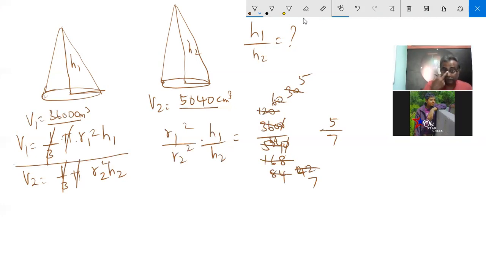So what we have got now is, okay, R1 by R2 the whole squared into H1 by H2 is equal to 5 by 7.